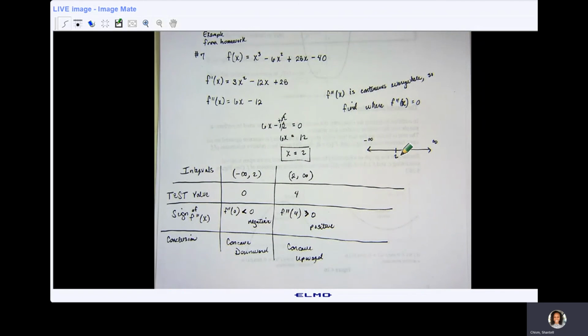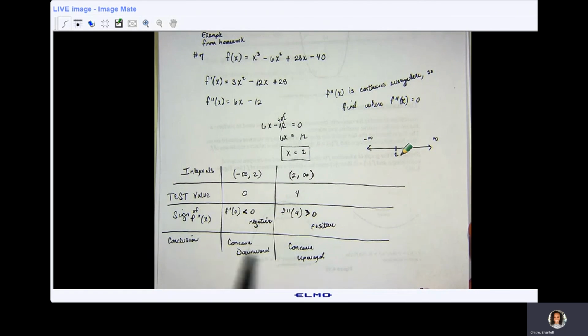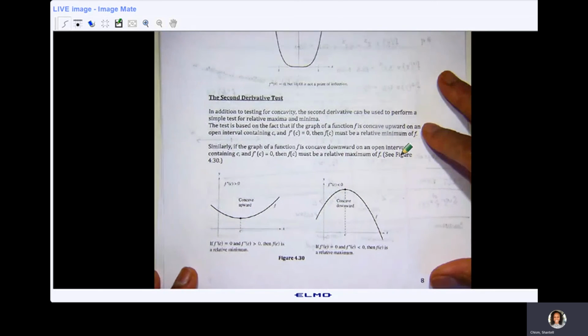Okay? All right, one more thing I want to talk about here in this section, and it's just taking this and actually calling it what it is, which is the second derivative test. What else it helps us to determine. Not only just concavity, but what else it helps us to determine. You're looking at the second derivative. So, the second derivative test.